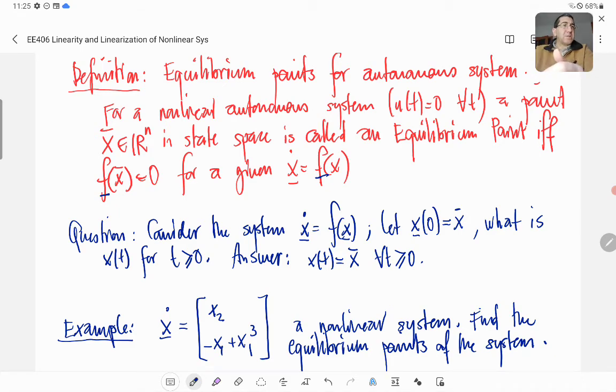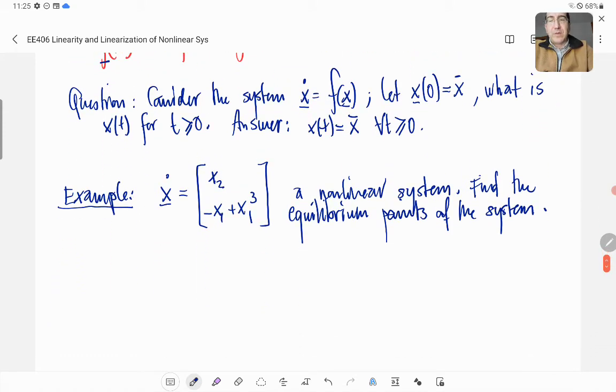All functions have to be identically equal to zero. Okay, so because the definition goes both ways, if you can find those points, they will necessarily be equilibrium points. So let's try to do that for this.